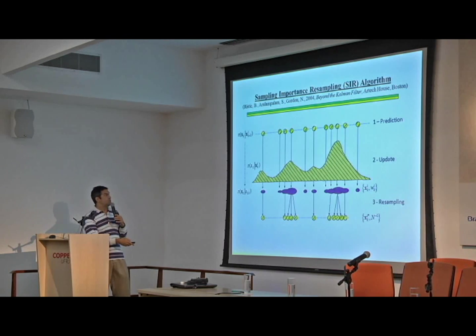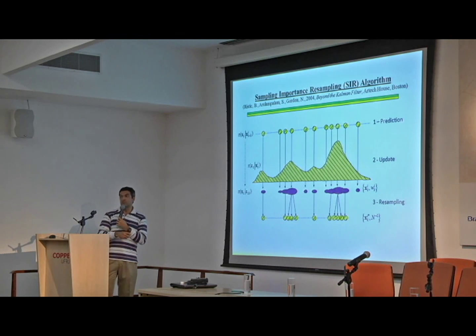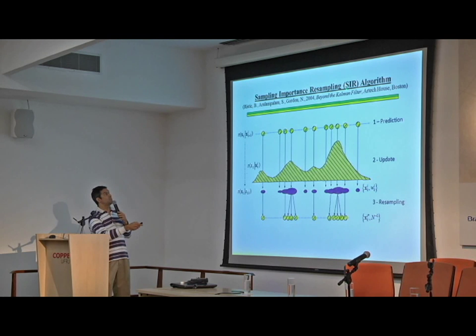This is illustrated in this picture, which represents the algorithm that we have used. It's a very basic algorithm for those particle filters, which is called the sample importance resampling algorithm. So here we have the particles already evolved from time k minus 1 to time k.